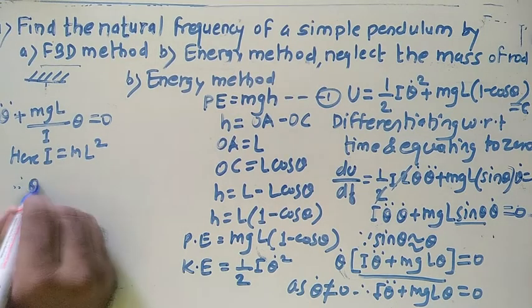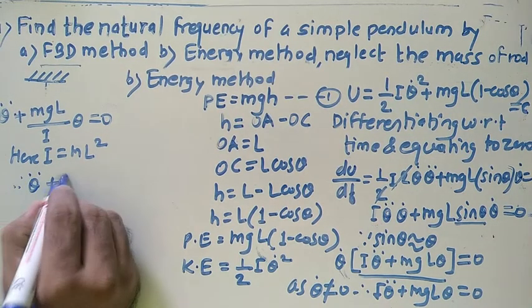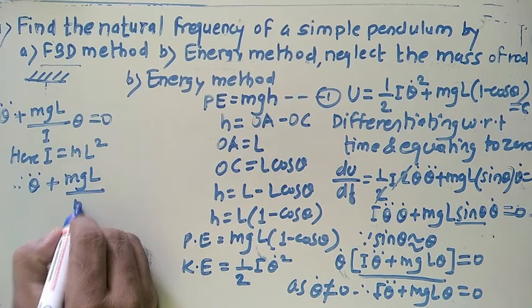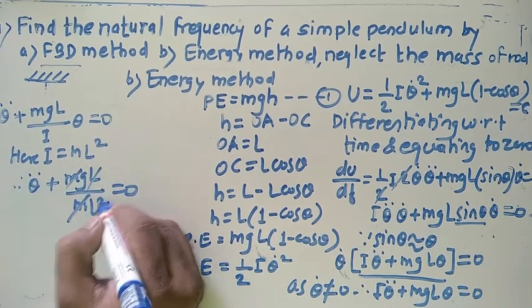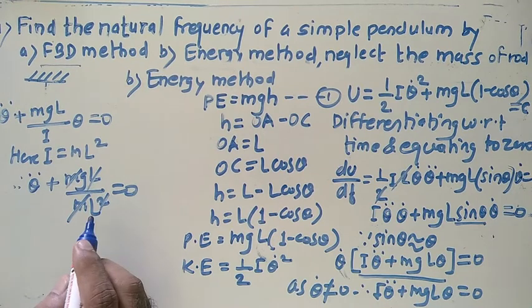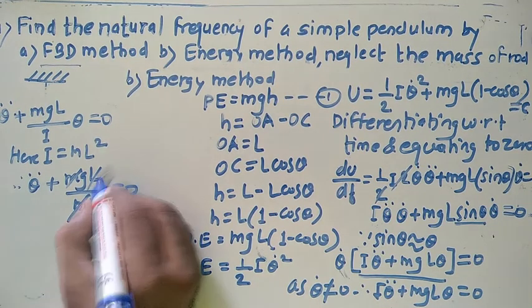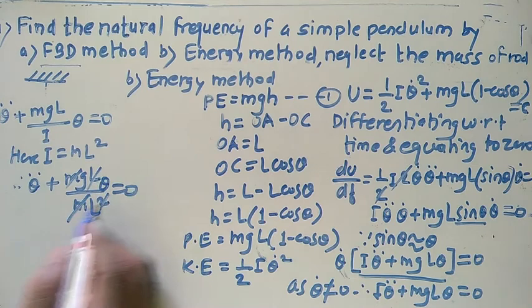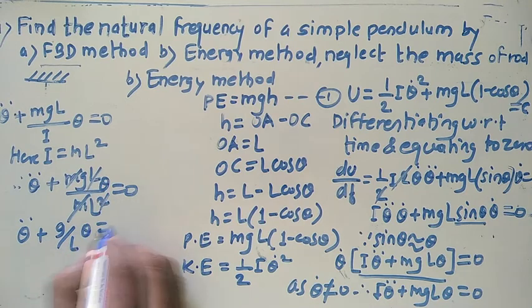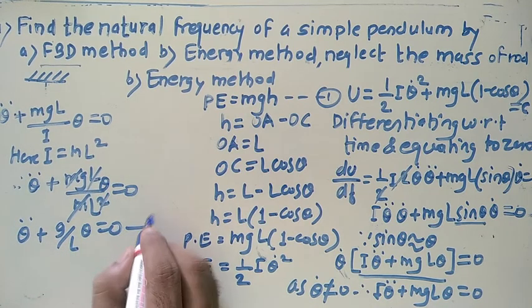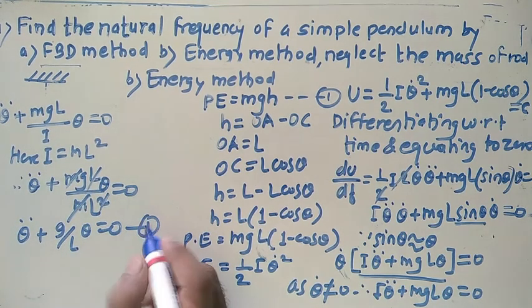Therefore, theta double dot plus mgl divided by ml square equals 0. The m gets cancelled, and the single l gets cancelled. So here we get theta double dot plus g by l into theta equals 0. Equation number 1 for this.